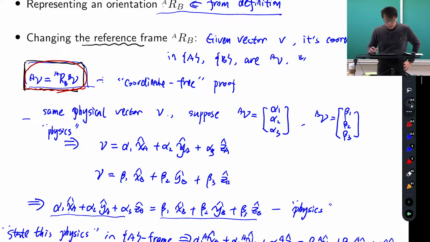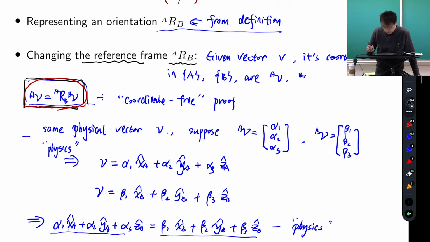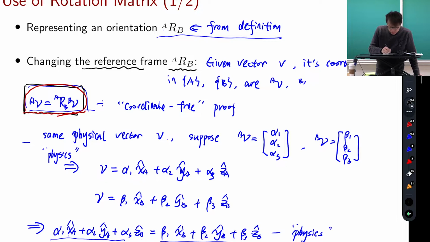Okay, we start by introducing the rotation matrix, and a rotation matrix by definition is trying to represent the pose or orientation of one frame with respect to another, right? If I write it like this, what does this R_BA mean?